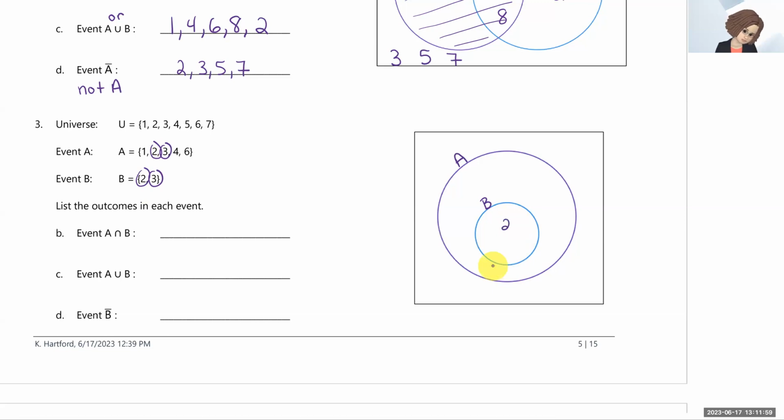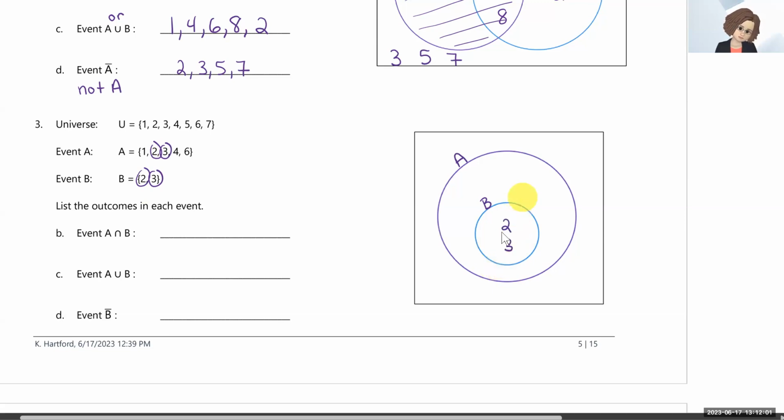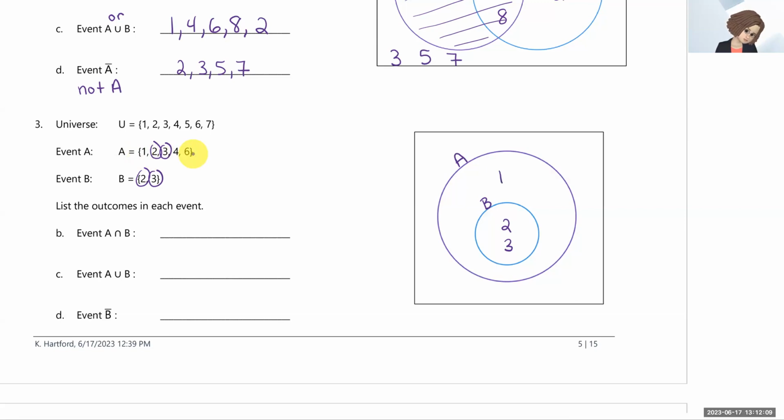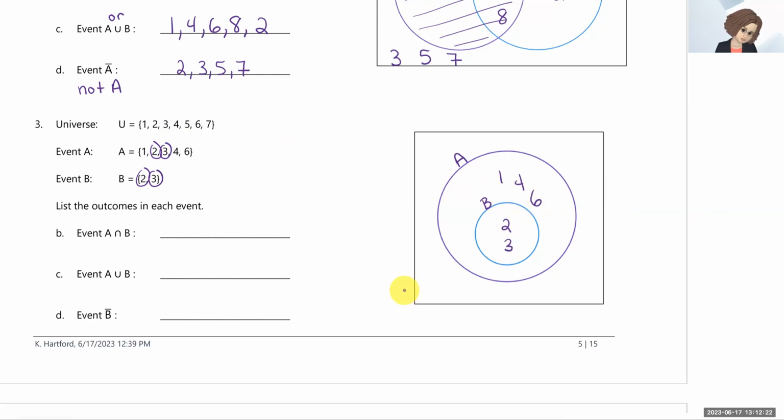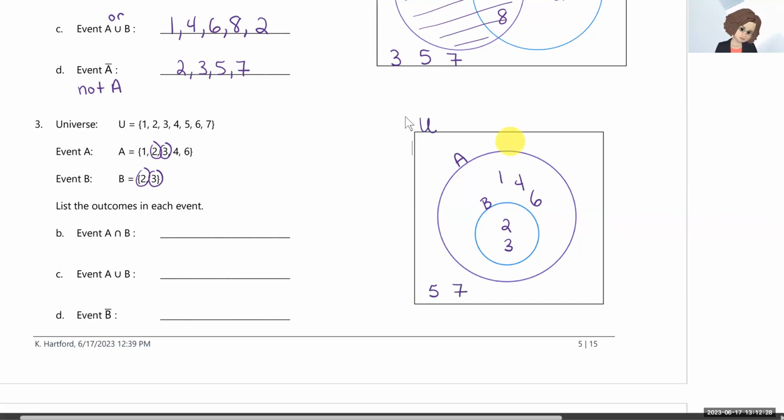So 2, 3, they are in B, in circle B, which is in circle A. And then to finish the A circle, I still need 1, 4, 6. And then to finish the universe, so I have 1, 2, 3, 4. I don't have 5 yet, so I'll need 5. I've got 6, but I don't have 7 yet. So then we have our entire universe.